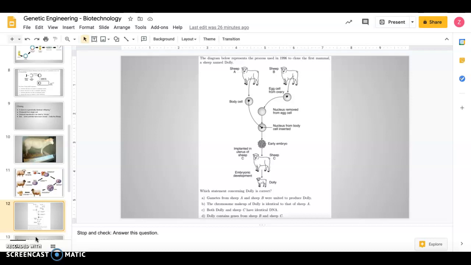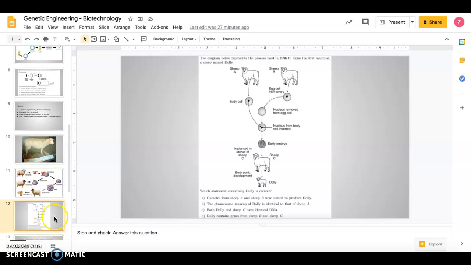Choice A, gametes from sheep A and sheep B were united to produce Dolly. Choice B, the chromosome makeup of Dolly is identical to that of sheep A. Choice C, both Dolly and sheep C have identical DNA. Or choice D, Dolly contains genes from sheep B and C.